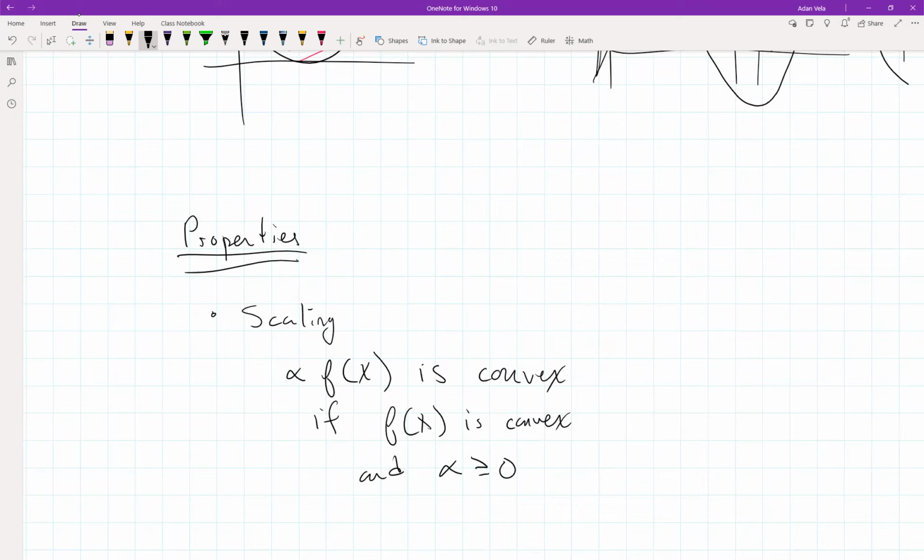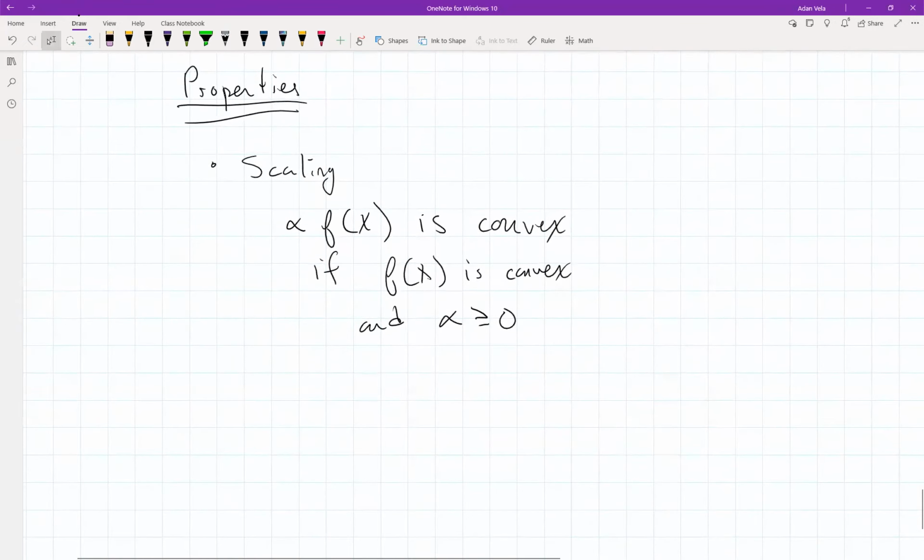If it's less than or equal to 0 and you're multiplying times -1, you're sort of flipping the function upside down. So then it's going to become concave.